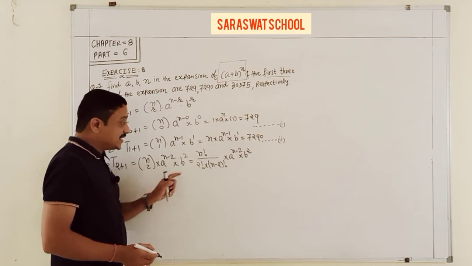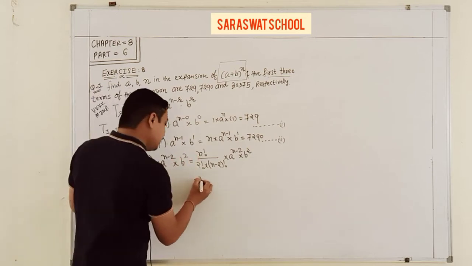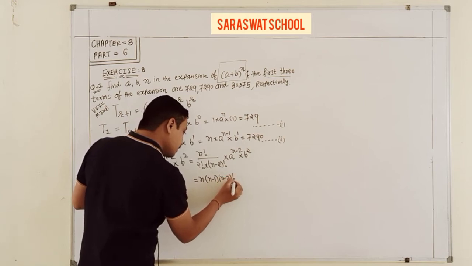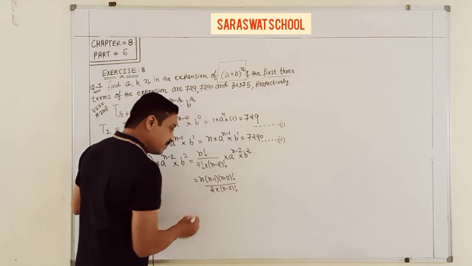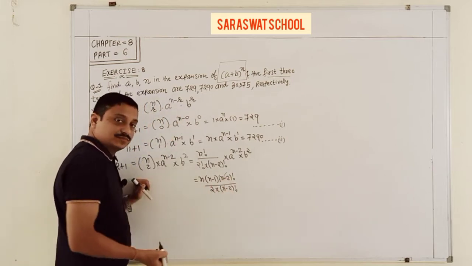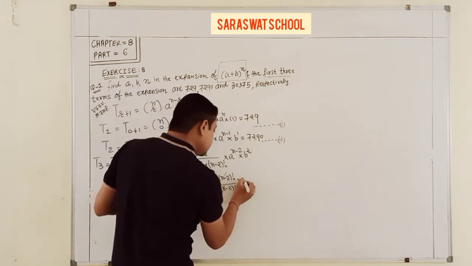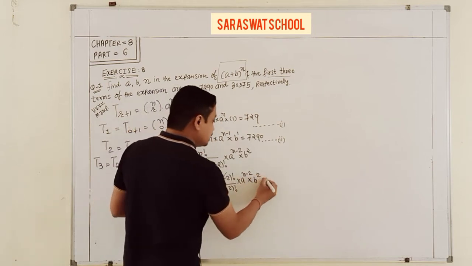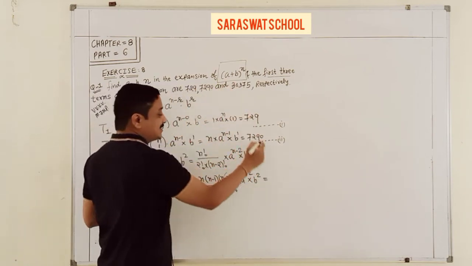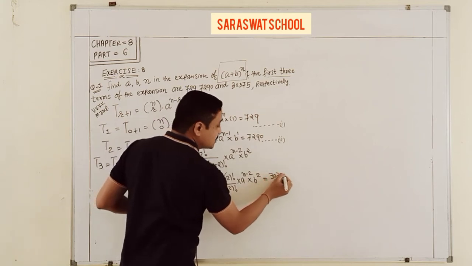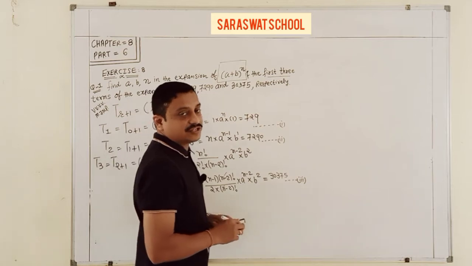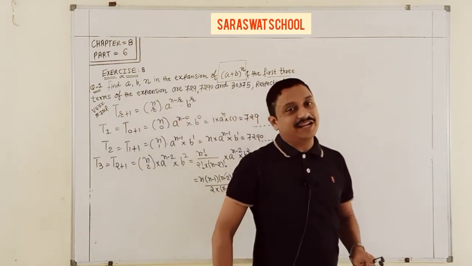Here I further calculate: n into n minus 1 into n minus 2 factorial, that cancels with the same term. Then a raised to n minus 2 b raised to 2 is equal to the given 30375.